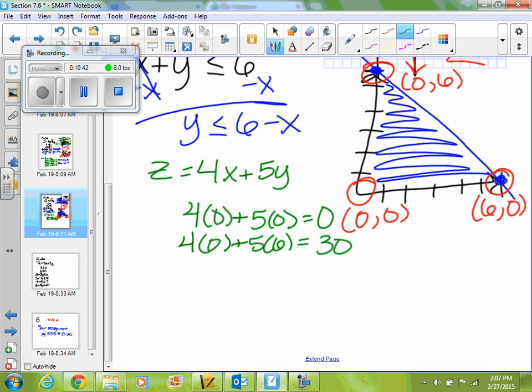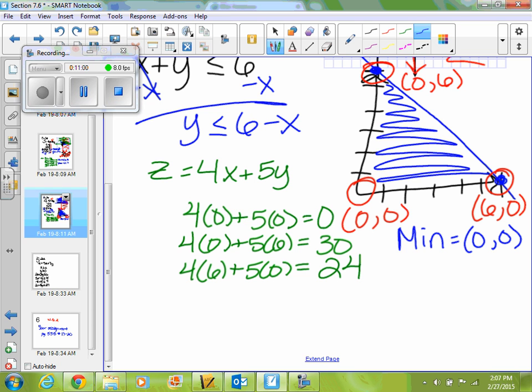And if I plug in 6, 0, I get 4 times 6 plus 5 times 0, which is 24. Okay, so where is then my min at? 0, 0. And where is my max at? 0, 6.